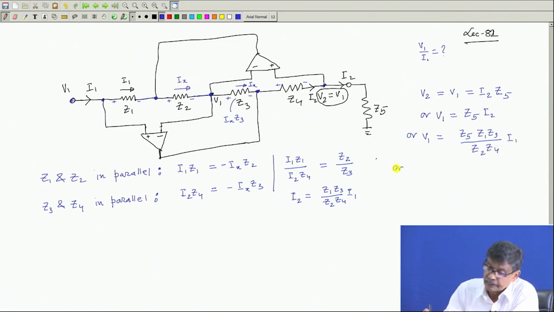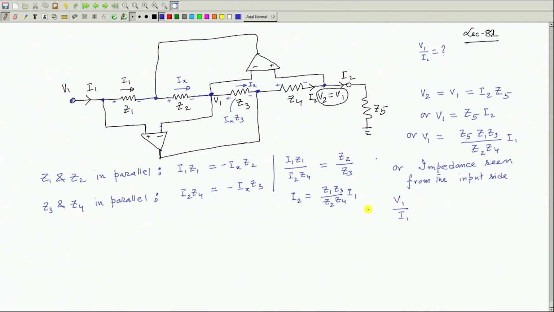Or, the impedance seen from the input side is V1 by I1.